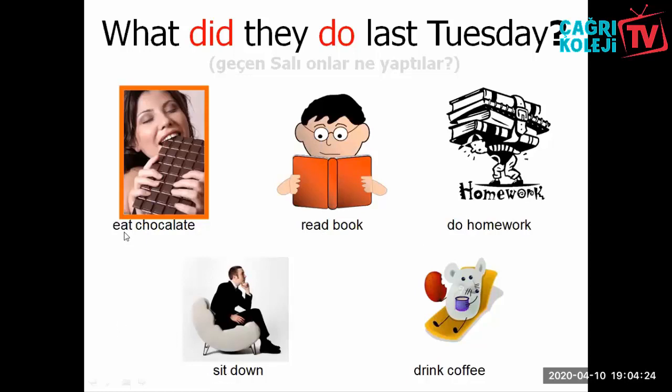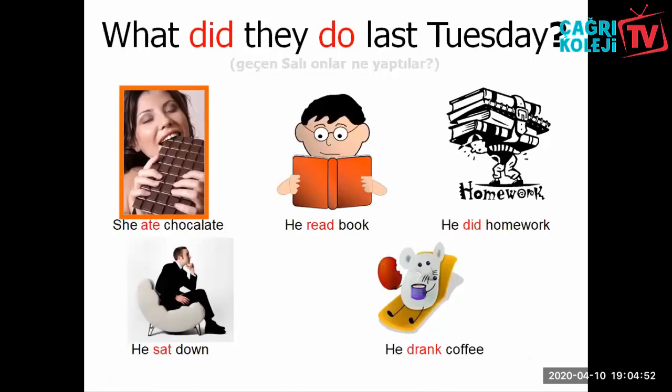Let me remind you: eat changes into ate, read changes into read, do changes into did, sit changes into sat, with T, not D. Drink changes into drank. Okay, let's see what they did last Tuesday. She ate chocolate. He read a book. He did homework. He sat down, and the little mouse, he drank coffee.